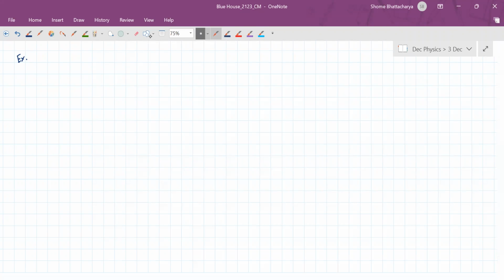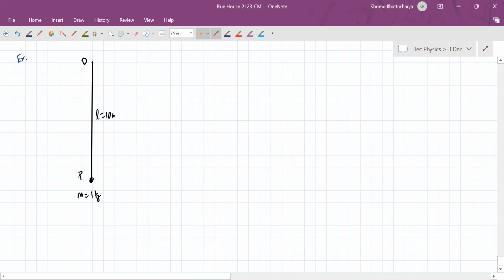Okay, so we have a 10-meter long string, and at the bottom we have attached a particle P, which is of mass, let's say, 1 kilogram. And we are also taking the value of g as 10 meters per second square.